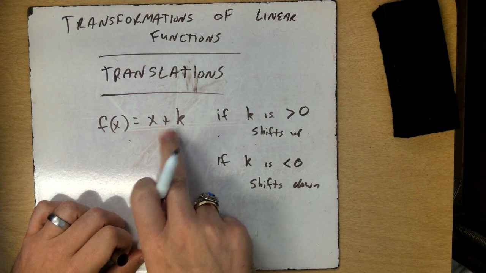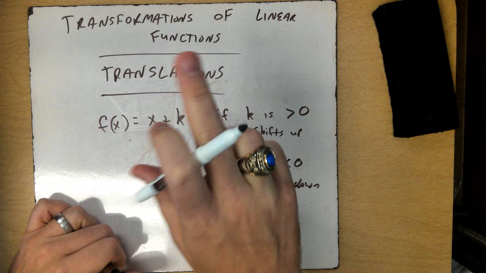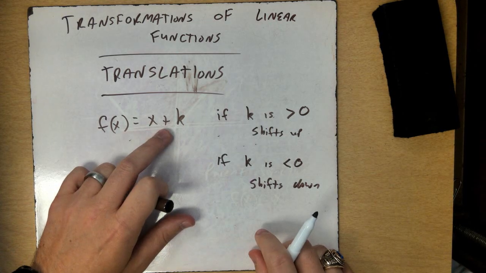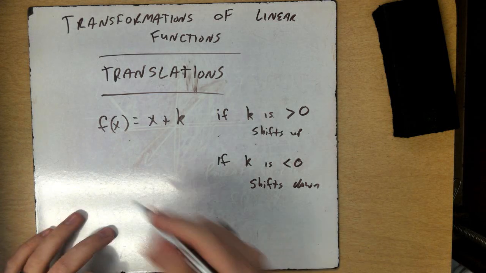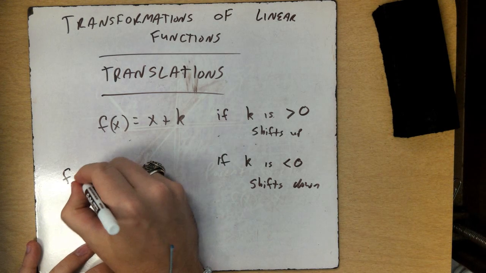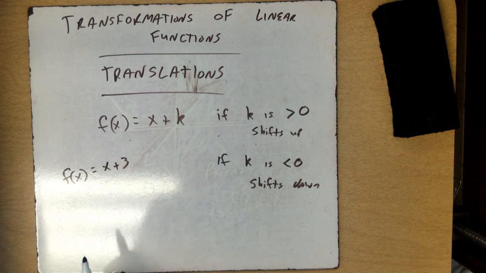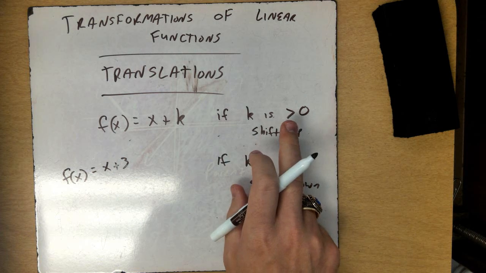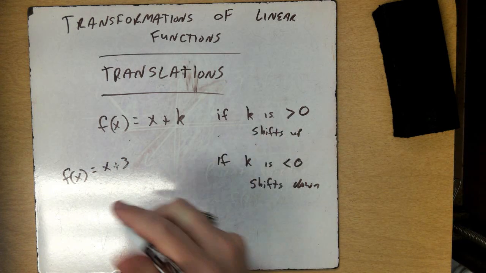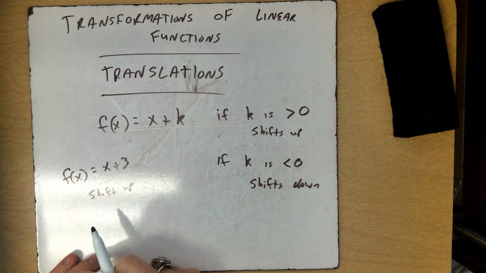If this number here, our k here, all right, if it's greater than 0, basically if it's a positive number, graph goes up. If it's less than 0, if it's a negative number here, graph goes down. So, for example, if I do f of x equals x plus 3, right? That 3 is greater than 0, so my graph is going to shift up. Shift up, okay?